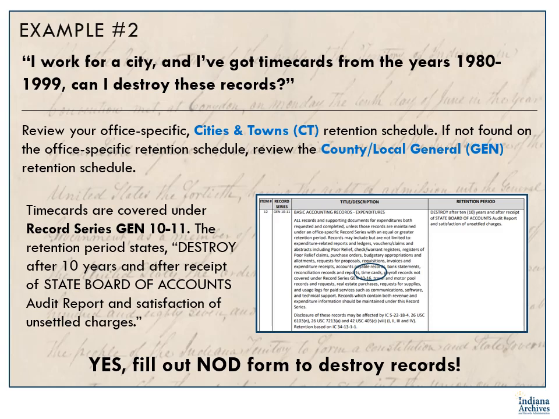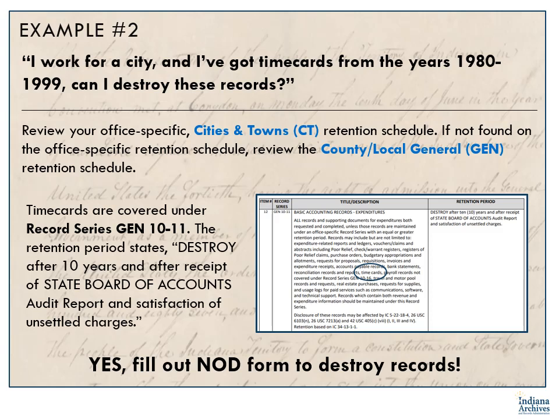Since this person works for a city, they would review their office-specific retention schedule first, so the cities and towns retention schedule. If they don't find time cards on there, they will turn to review the county local general retention schedule. Time cards are covered on the General Retention Schedule under Record Series Gen 10-11.